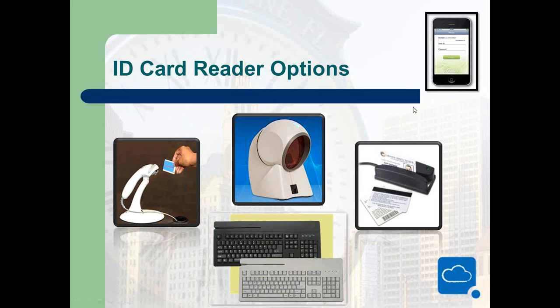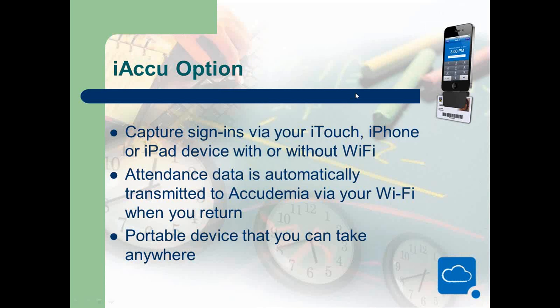It's an option. And then up above we have an iPhone or iPod Touch. That's also an option with Accudemia. And basically the iPhone or iPod Touch allows attendance tracking even when you don't have internet access. So basically you can log in remotely to Accudemia with any computer, but if you don't have internet, the computer won't log in.